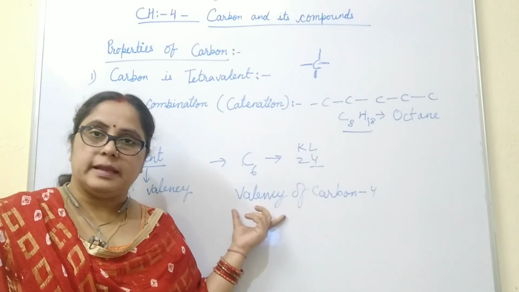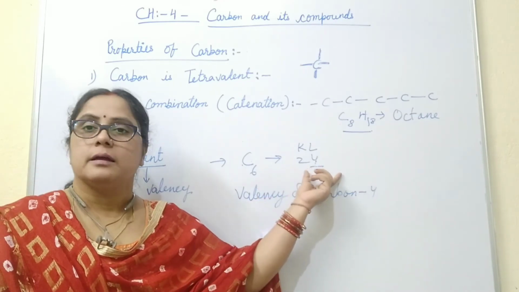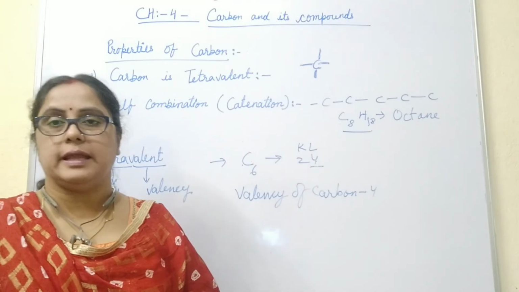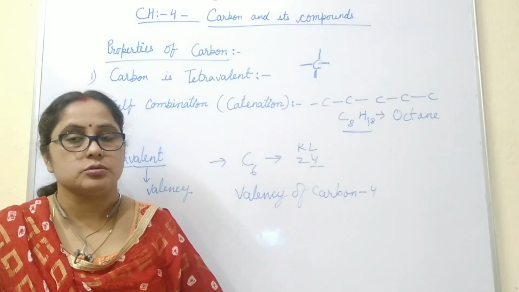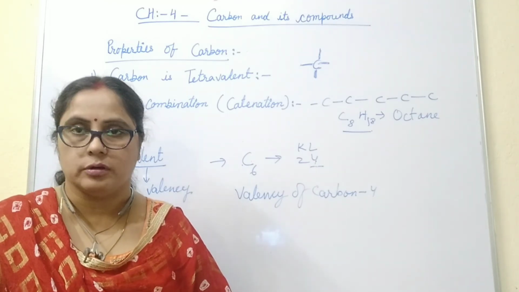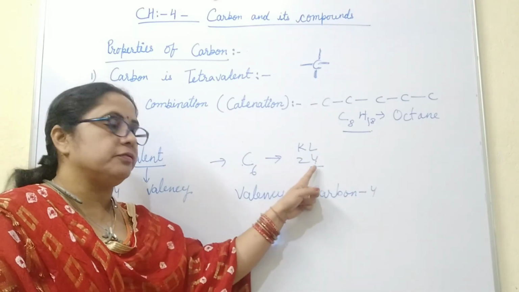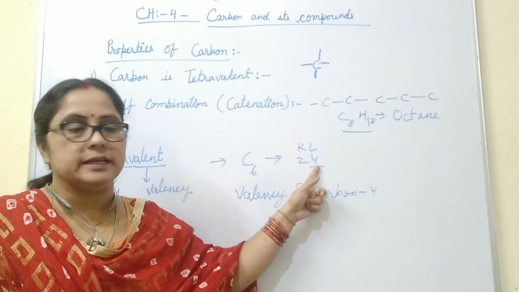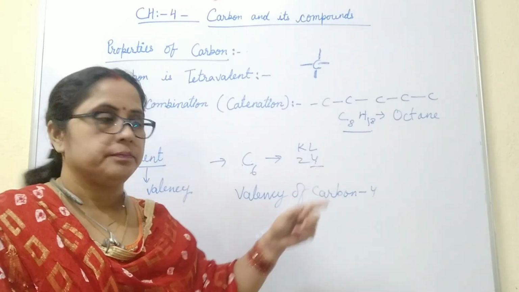The valency of any element is related to its valence electrons. If the valence electrons are 1, 2, 3 and 4, the valency is also 1, 2, 3 and 4. If the valence electrons are 5, 6 and 7, then the valency is 8 minus the valence electrons.